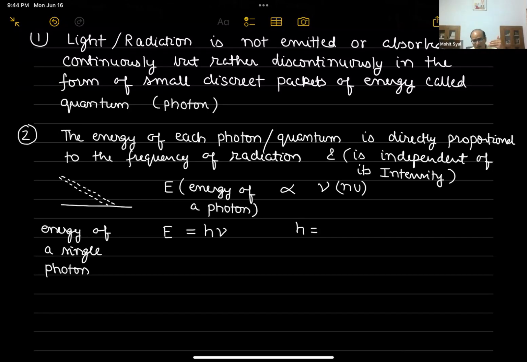But if you get into the particle nature, it is not continuous. It is small particles of energy which are hitting my face, or a surface. So the energy of each particle is h into its frequency. h is known as Planck's constant.